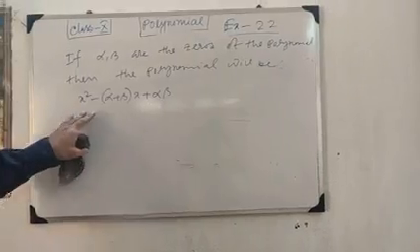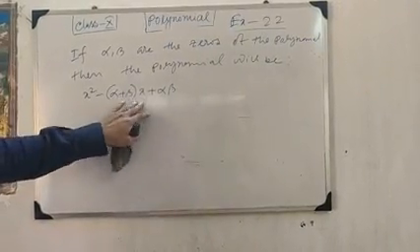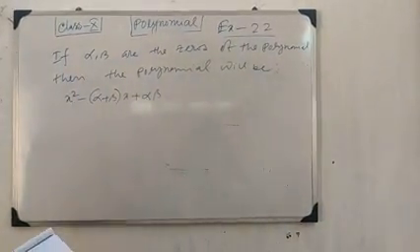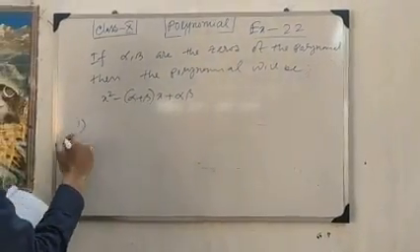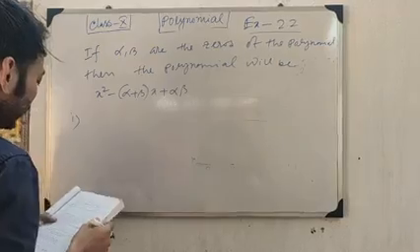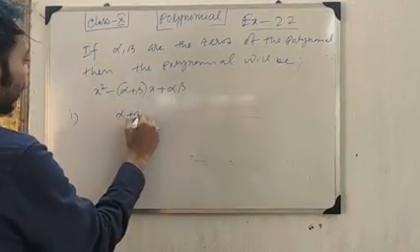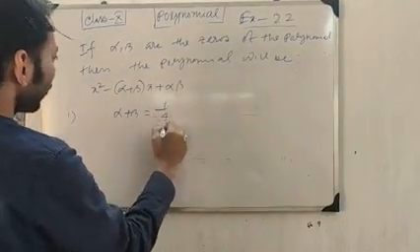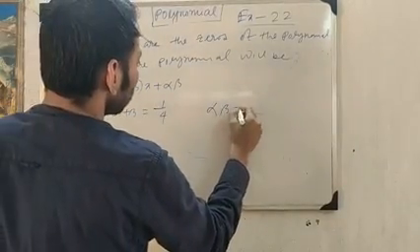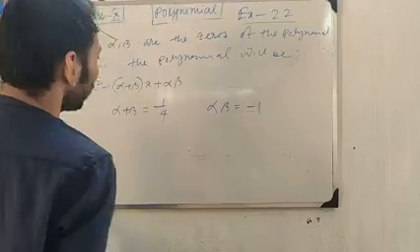That is, x square minus the sum of the zeros into x plus the product of the zeros. Okay. Now in the first problem, it is given that the sum equals 1 by 4 and the product equals minus 1.